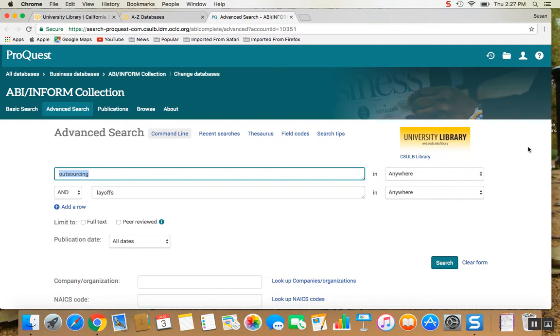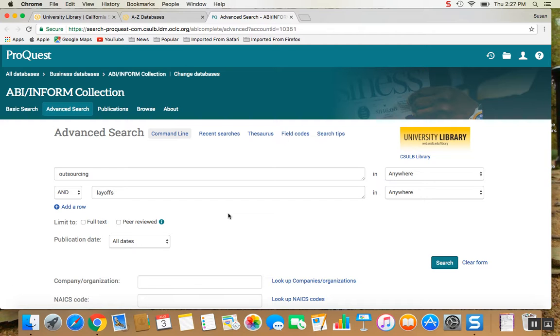And you get into a search screen that looks a little related to the one we did in Business Source Premier. And in this database, what we would do is also start with our two keywords, outsourcing and layoffs. You wouldn't start with subject terms because we don't know the subject terms in ABI. We know what they were in Business Source, but we don't know what they were in ABI.